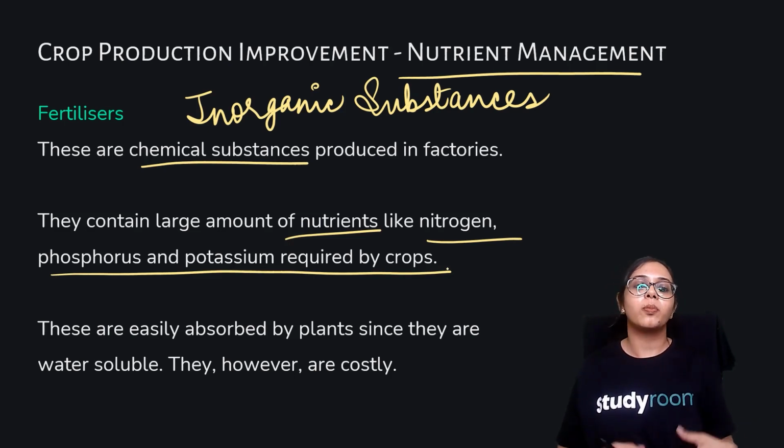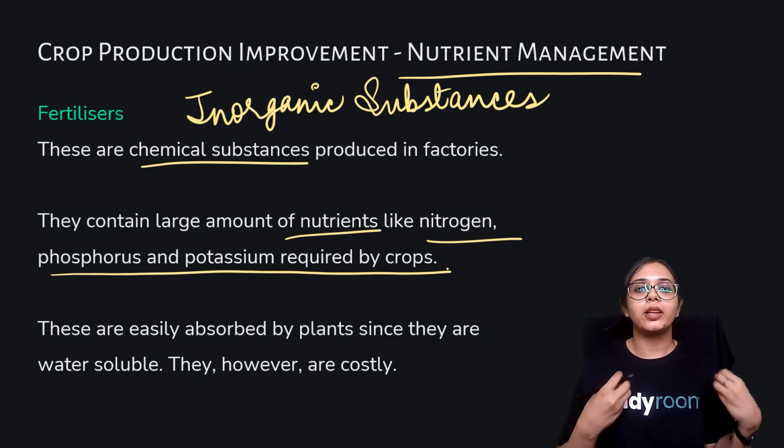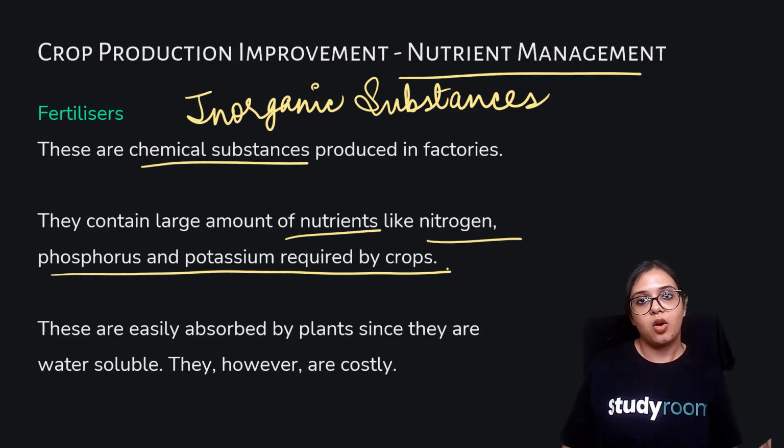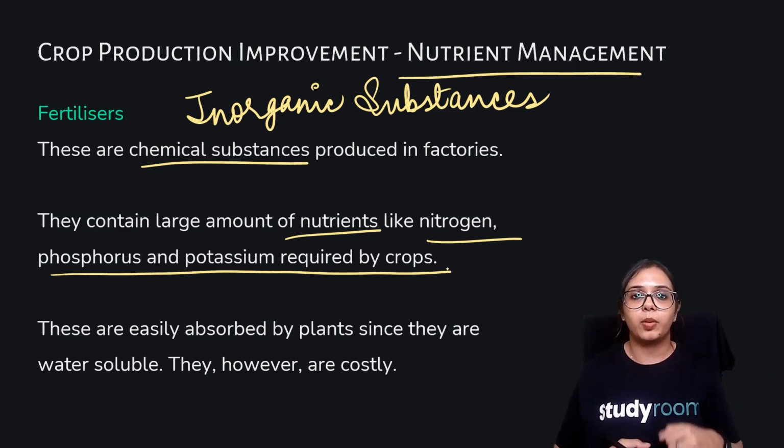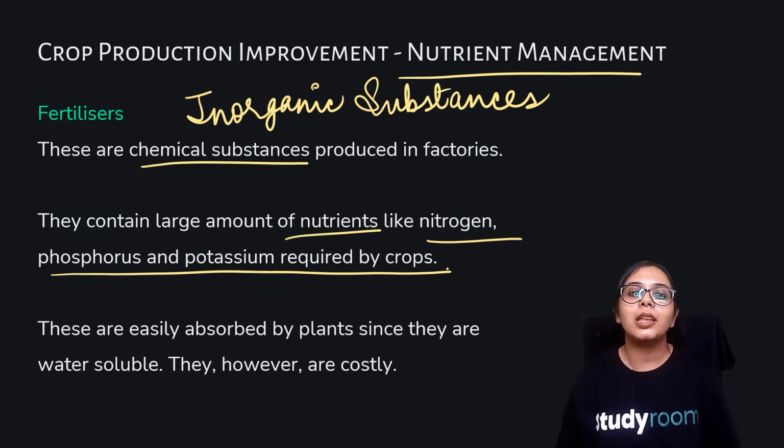In manure you were providing the plants' wastage remains, and the soil was absorbing the nutrients from that waste and then those nutrients were taken up by plants. But here you are directly providing those nutrients that are required for the plants' growth.